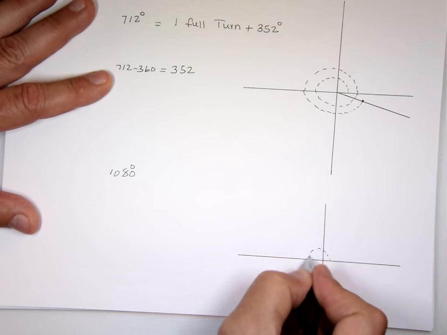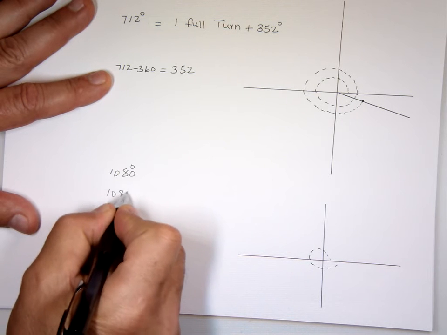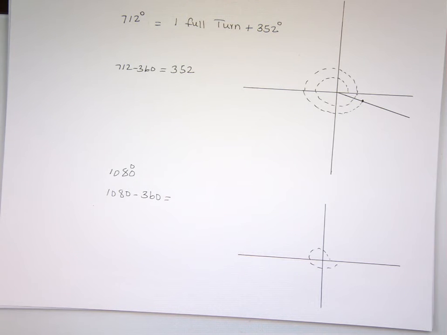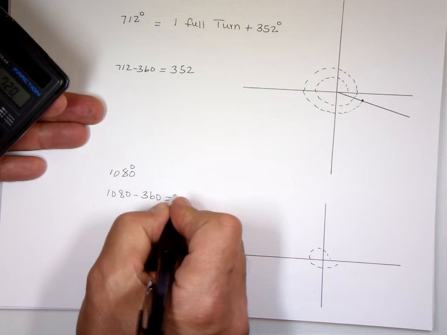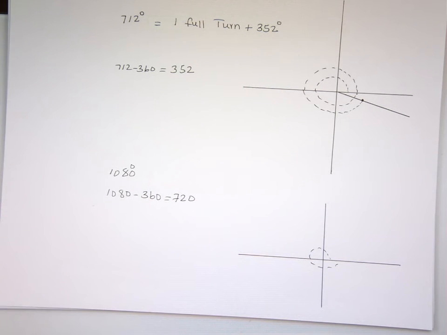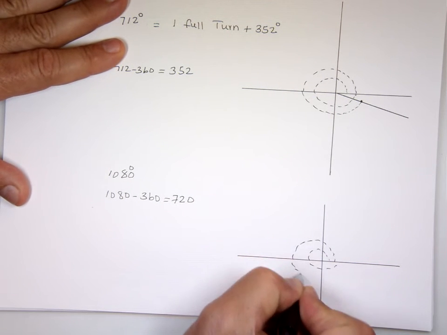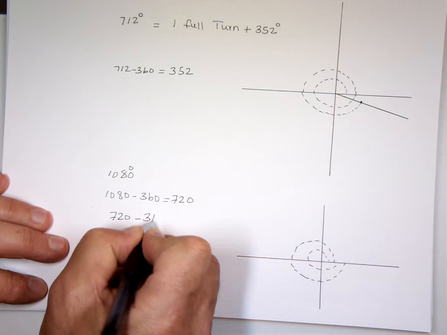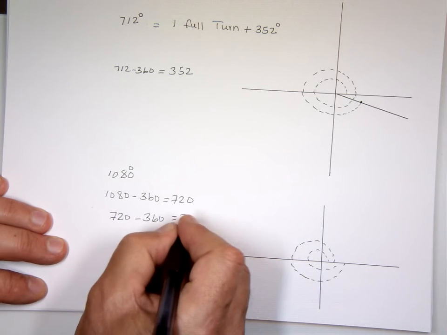So if you take 1080 and subtract 360, that leaves me with what? 1080 minus 360 is 720. So the second time you're going to do another turn. Now 720, subtract another 360 from it, and what do you have? 360.